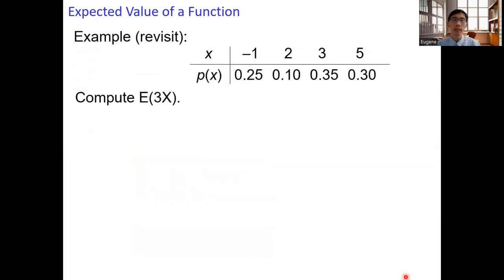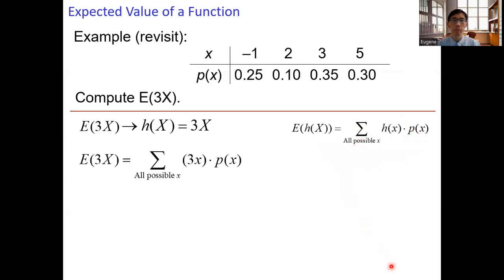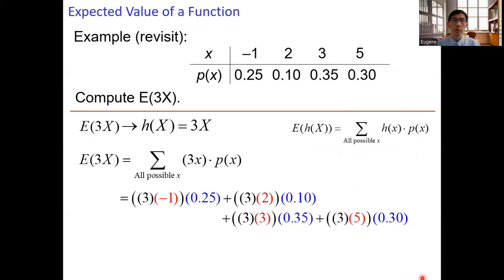Let's revisit the example. Compute the expected value of 3x. Here h of x equals 3x. Applying the expected value of h of x formula, the first term we have 3 times -1 and then times 0.25.